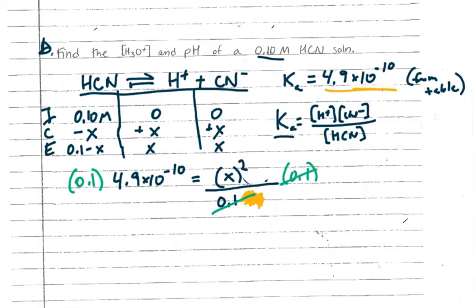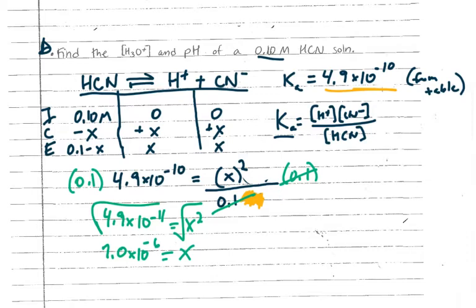Cancel that out. So I get 4.9 times 10 to the negative 11th equals X squared. Now I take the square root of both sides and I get X equals 7.0 times 10 to the negative 6th.